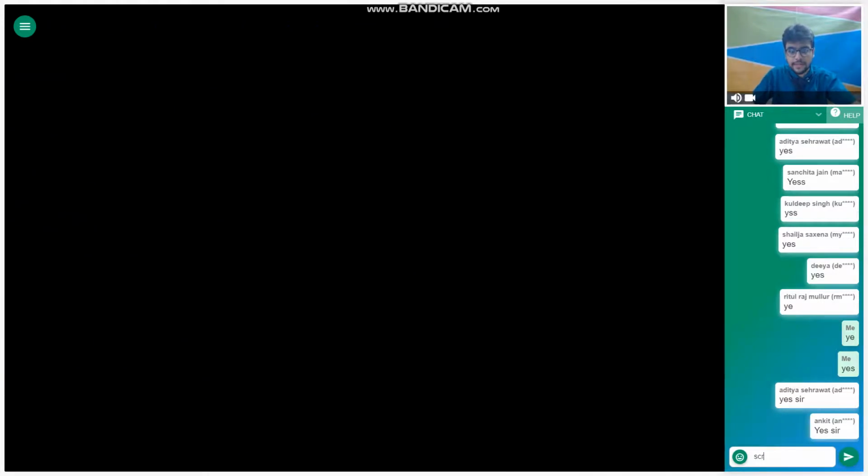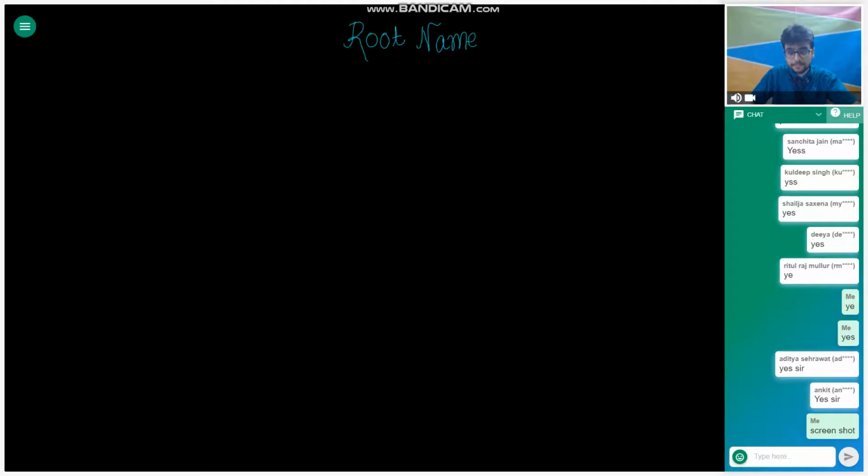Now, dear student, the next is the root name. First, I will resolve the biggest mistake that people make, and some of you will already be doing that. See, root name does not mean the name corresponding to the total number of carbon atoms present in the compound. Please do not have that misconception.